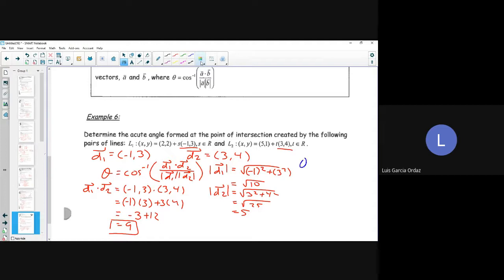Theta is equal to the cos inverse of d1 dot d2, which is 9, divided by the magnitude of d1 times the magnitude of d2, which is 5 root 10. When I take the cos inverse of that number, I get theta is approximately 55.30 degrees.